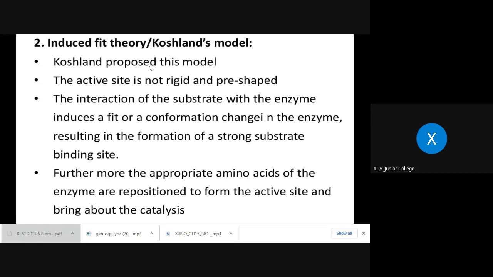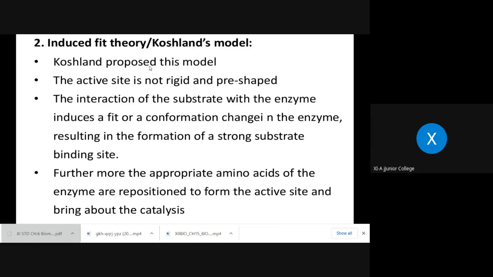But when the substrate comes in contact with the enzyme, the enzyme adjusts its active site in such a way that the substrate can fit in that active site. So it induces a fit or a conformation change in the enzyme, resulting in the formation of a strong substrate binding site.